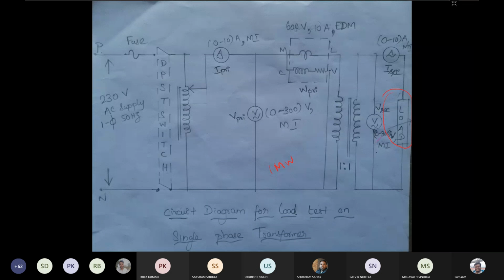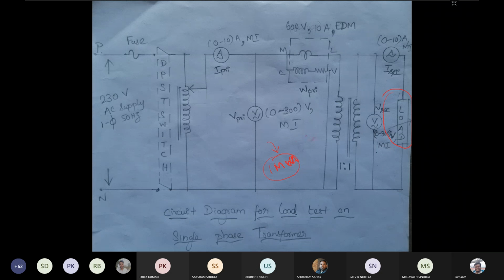But in open circuit test and short circuit test, irrespective of the transformer rating, we are not going to supply the complete power rating. We don't need to have a source of 1 megawatt or 1 MVA capacity in order to test our transformer. But in load test, we need to have a 1 megawatt, 1 MVA source in order to test our transformer.